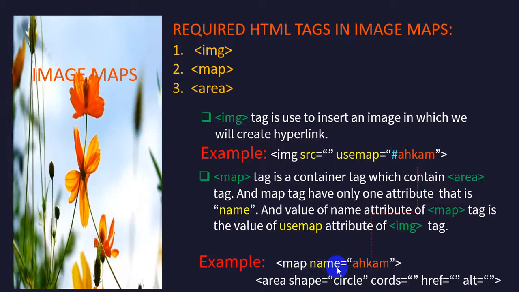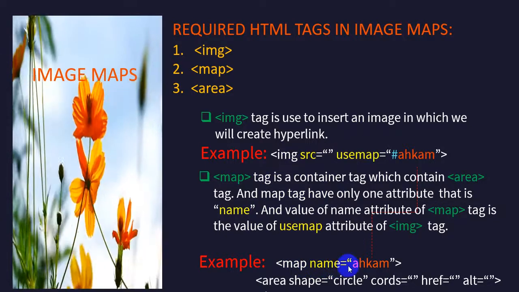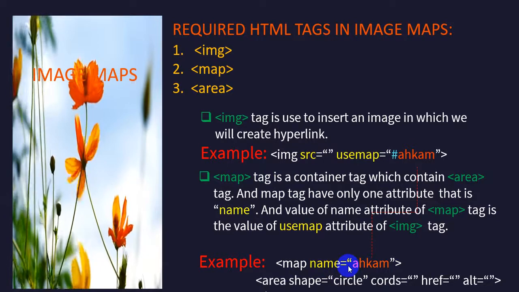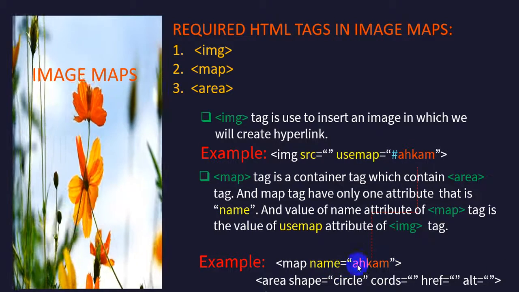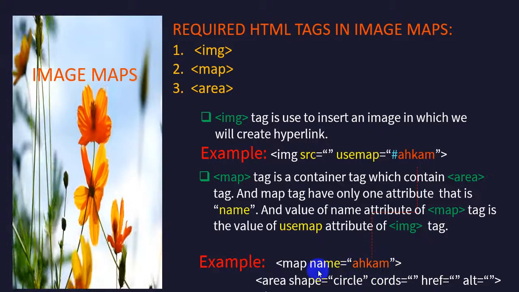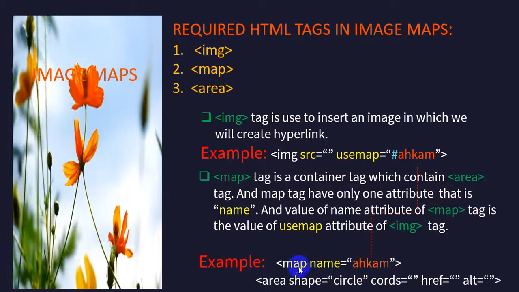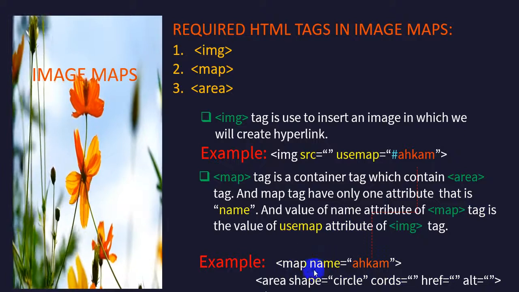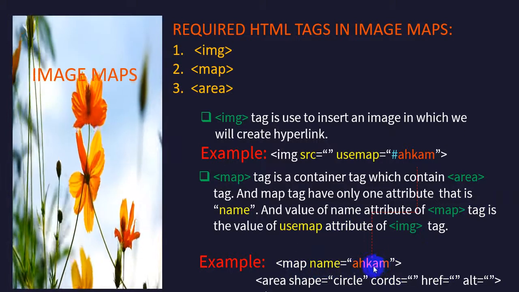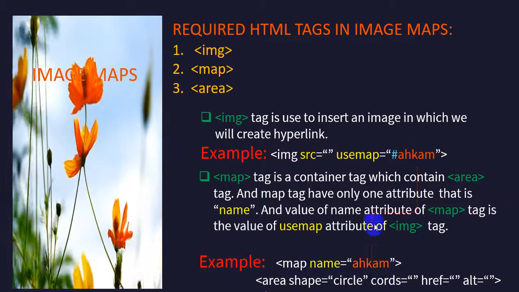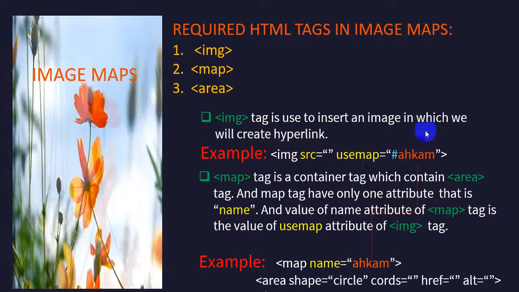Again, one important thing: this is the value of the name attribute of the map tag. Map is the name of the tag, name is the attribute, and this is the value. The value of the name attribute and the value of the usemap attribute must be the same.